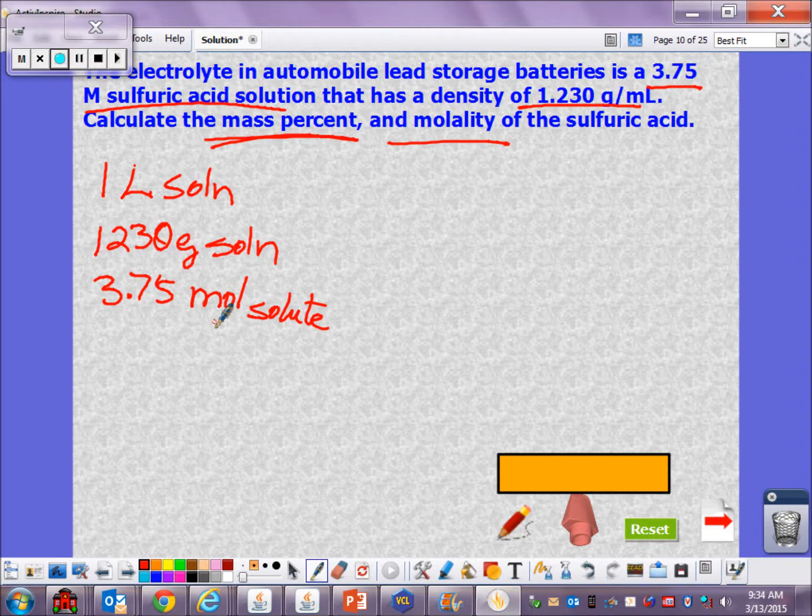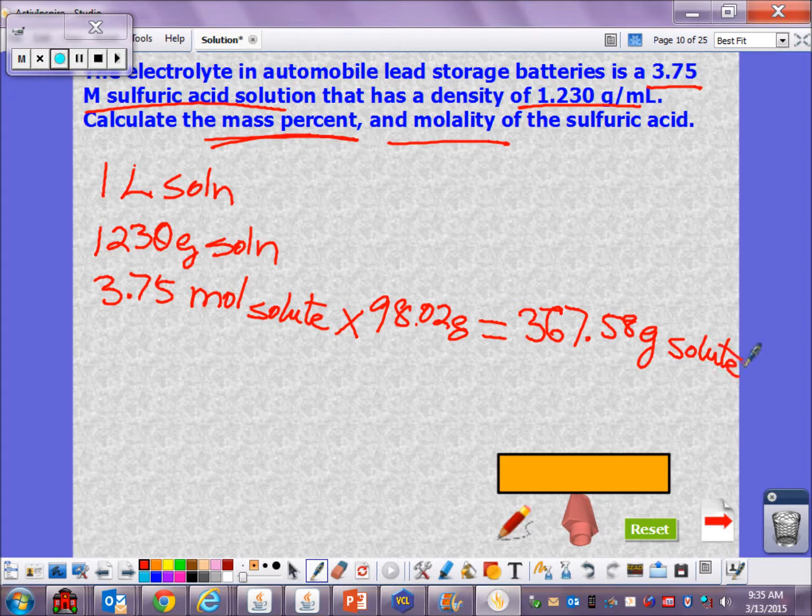So I multiply the moles by the molar mass of sulfuric acid, 98.02 grams. What is the moles times the molar mass? 367.58, and this is grams solute.